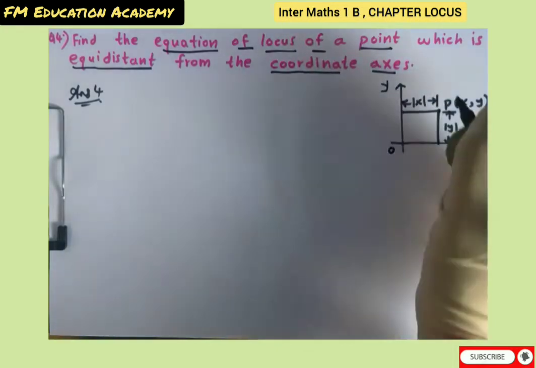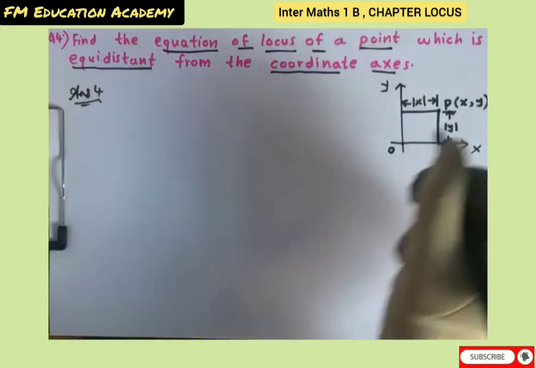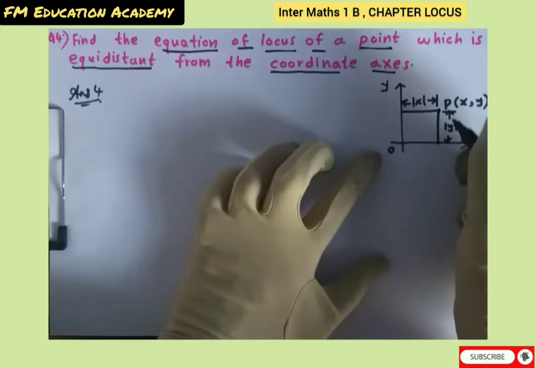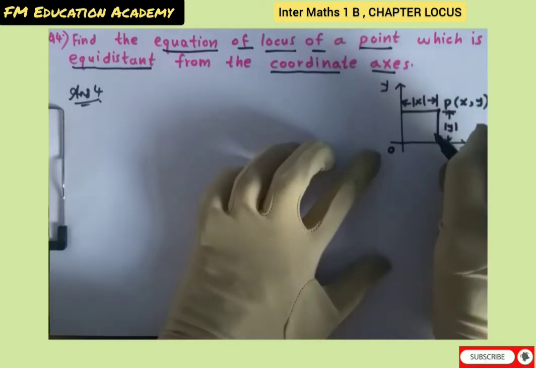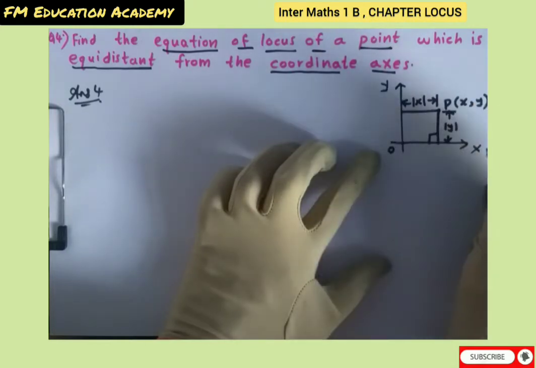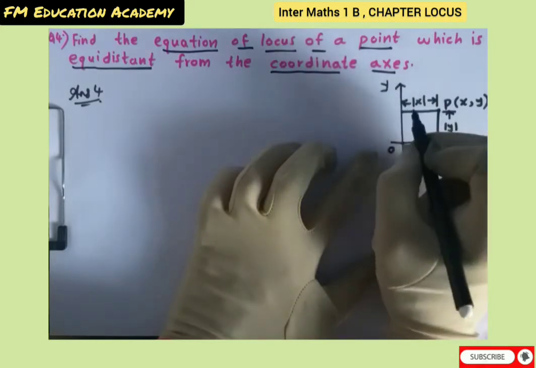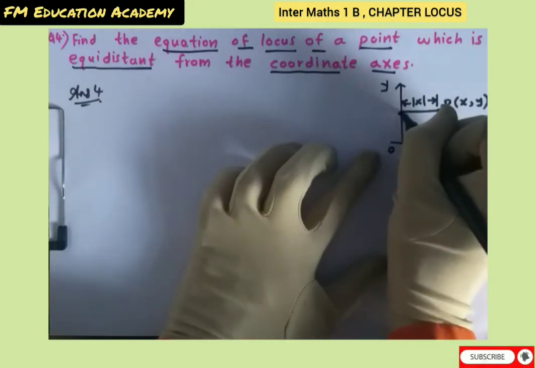Let us begin solving. The distance from P to the x-axis is nothing but the perpendicular. Let us suppose this perpendicular meets the x-axis at a point M, and the perpendicular from P meets the y-axis at a point N.